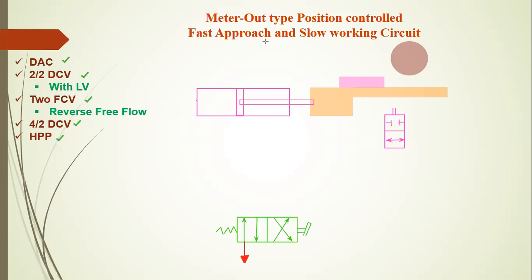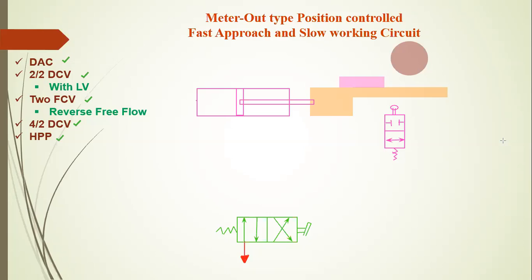On the top side of the 2 by 2 direction control valve the limiting valve is attached, and on the other side, return by spring.